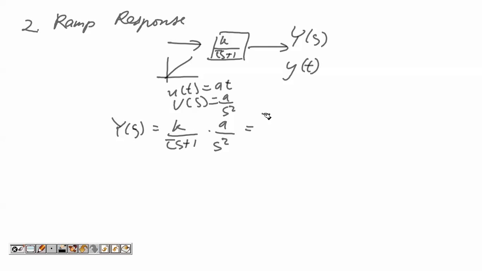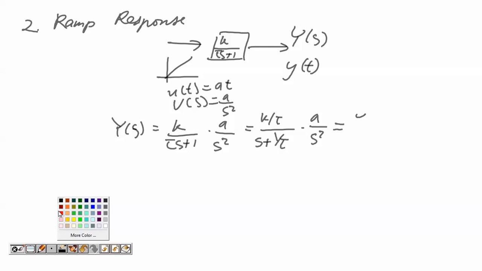Convert this form to 1 over (s plus 1/tau) times a over s squared, and convert to the common form for the repeated root. So this is the repeated root.